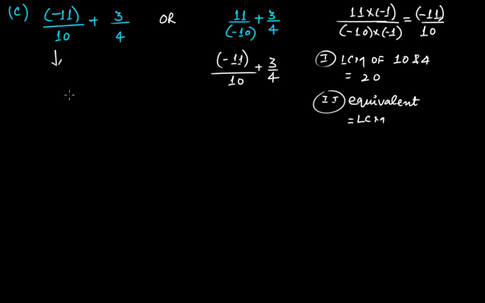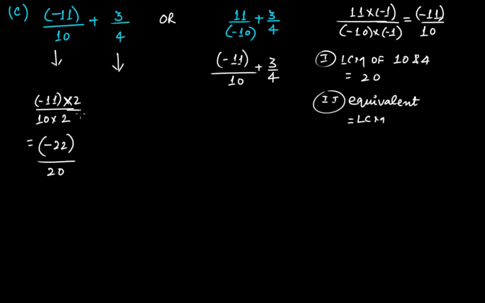In this case, what number should we multiply 10 with so that denominator becomes 20? Clearly with 2. So you have to multiply numerator also with 2. This becomes what? Minus 22 over 20.